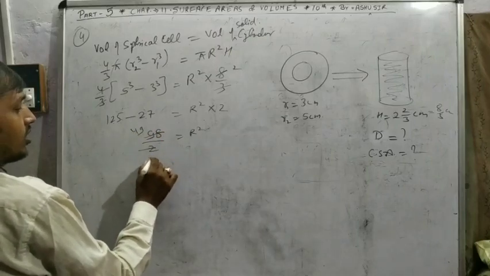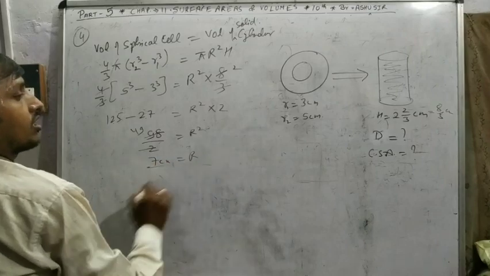Oh, perfect square. 7 is equal to r centimeter.